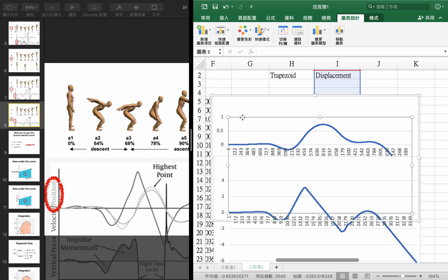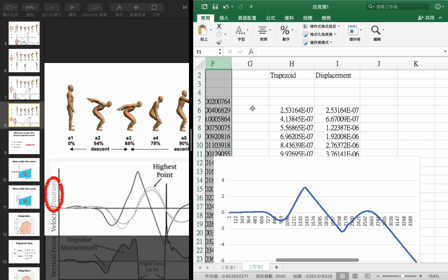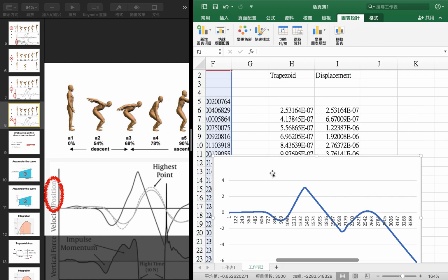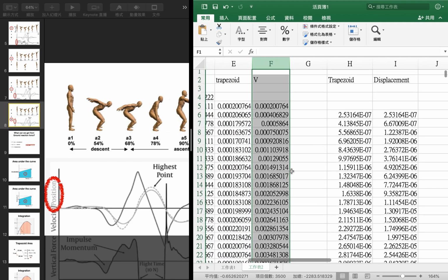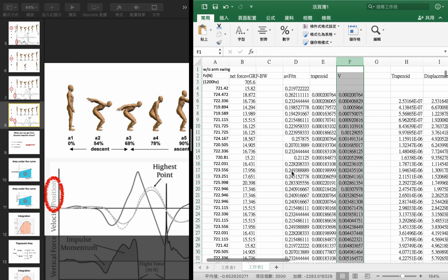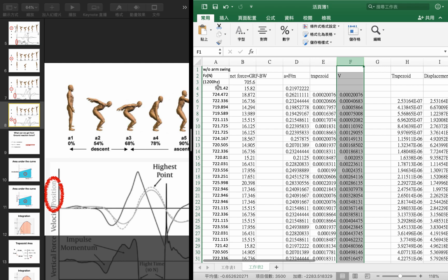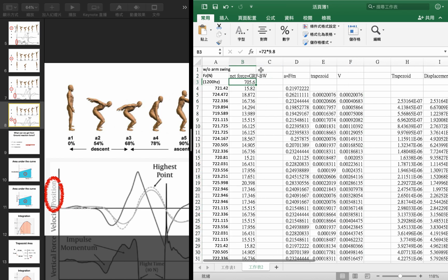And that's how you're going to calculate for another data set, which is the arms-swing one. I hope you guys remember how we calculated. The first thing, we need to make it the net force. So we subtract my body weight, and my body weight is 72, but for force you need to multiply by 9.8 to make it Newtons.